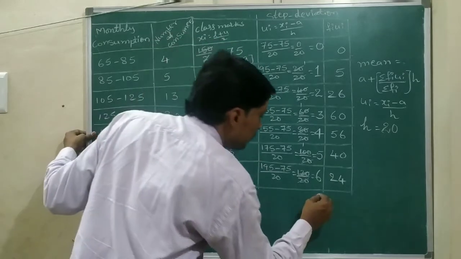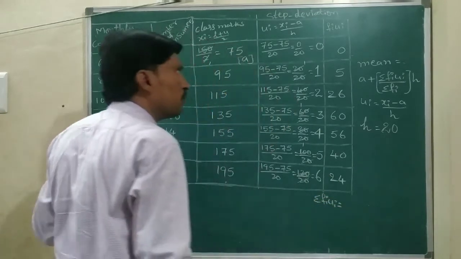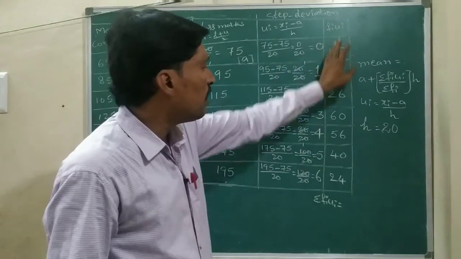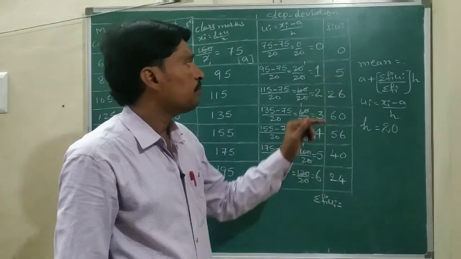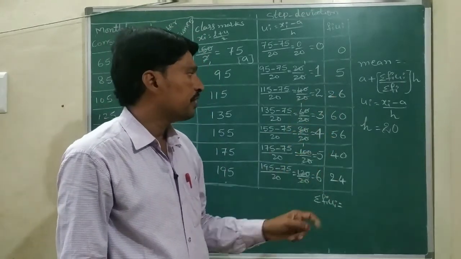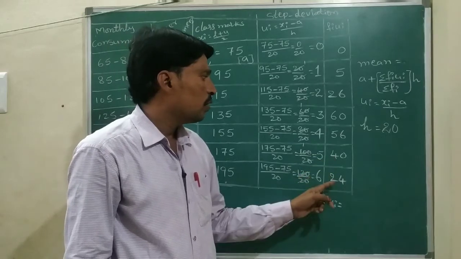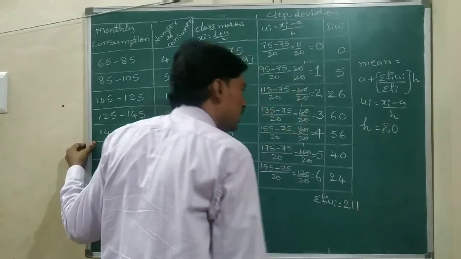Now we need to find sigma Fi Ui. All the Fi Ui's we need to add: 0 plus 5 plus 26 plus 60 plus 56 plus 40 plus 24. Adding this total, we get 211.